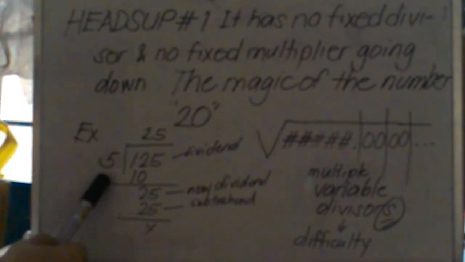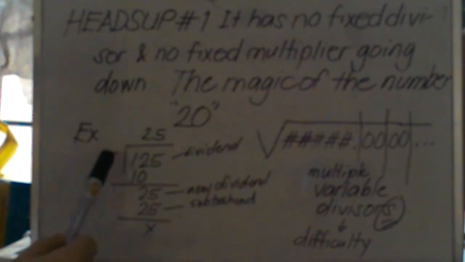Now, before we proceed, I may need you to remember these pointers. There are 5 of them, and this is one of them. Square roots has no fixed divisor and no fixed multiplier going down. So for example, in a normal division process, we have a fixed divisor here on its left.